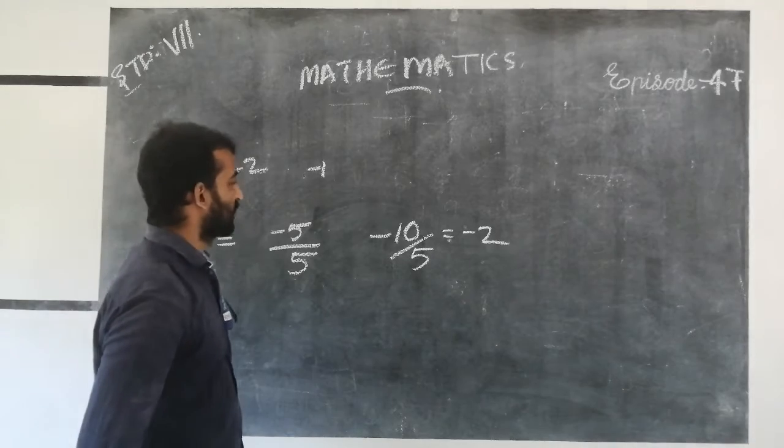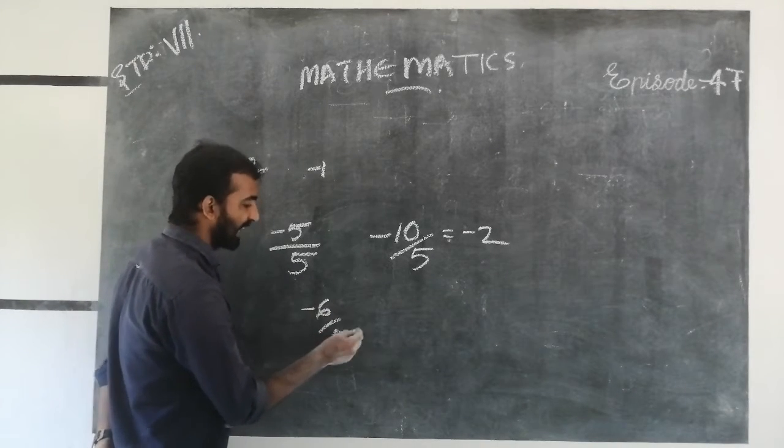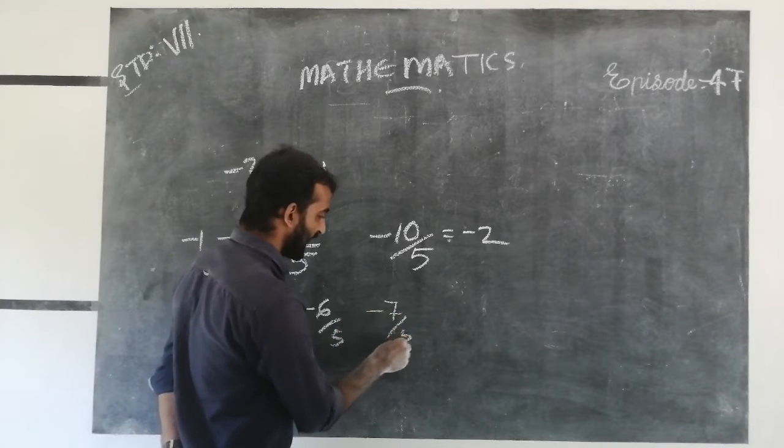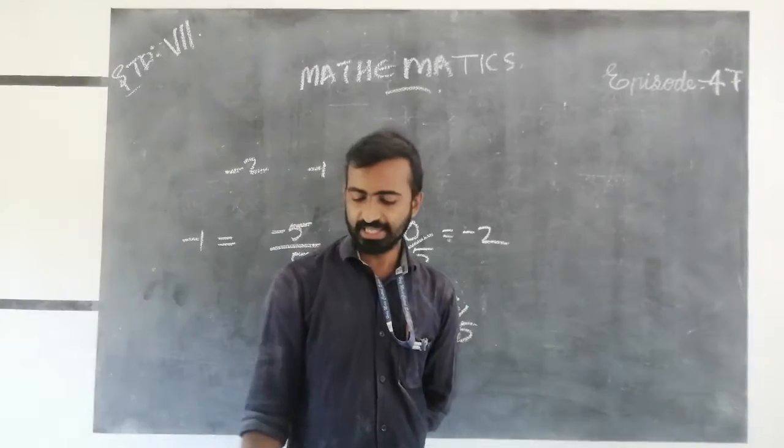So we can write negative 6 by 5, negative 7 by 5, negative 8 by 5. Is it clear? Yes.